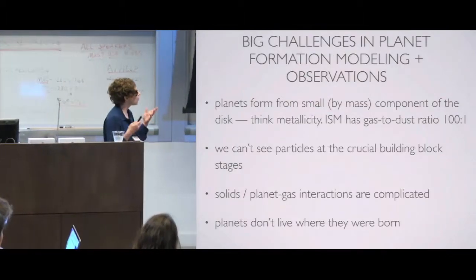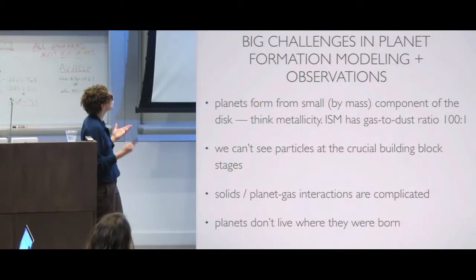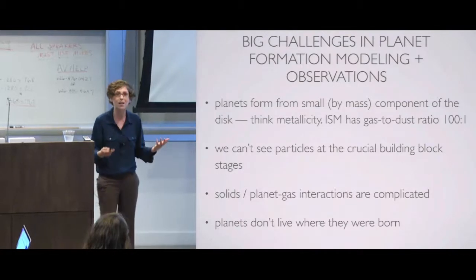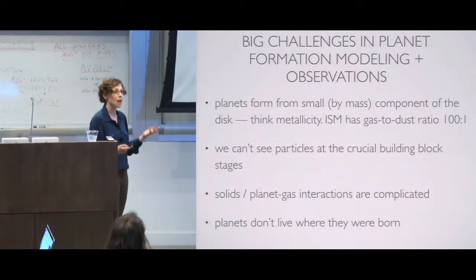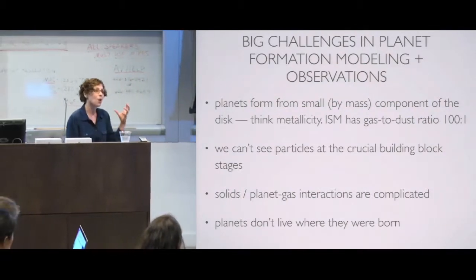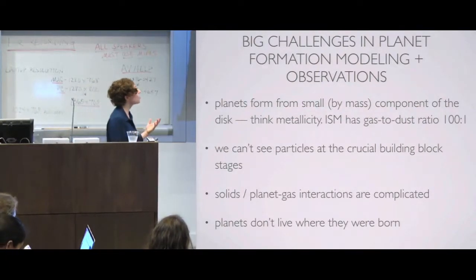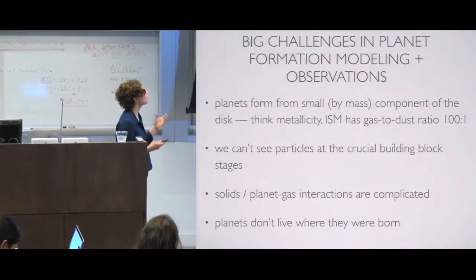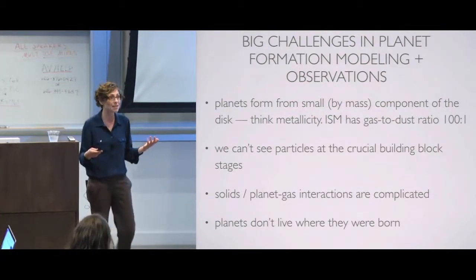So just to put us in the right frame of mind, I thought I would begin with some of the big challenges we have as we try to understand planet formation. Obviously, exoplanets are in many ways an observationally driven science, but for this particular problem, we have some issues that we have to contend with. The first one, of course, is that planets form from a small by mass component of the disk. So think about what you heard yesterday, for example, about metallicity, right?